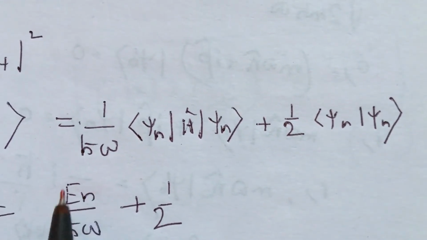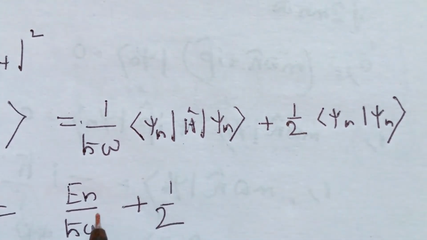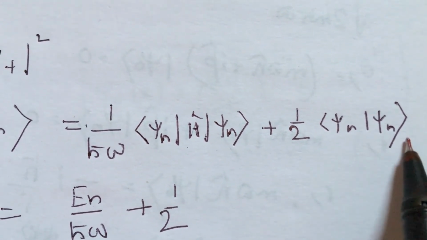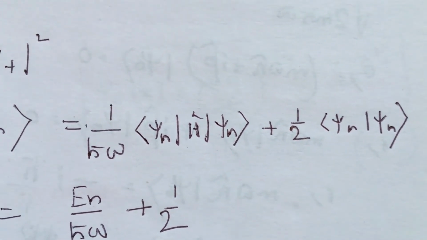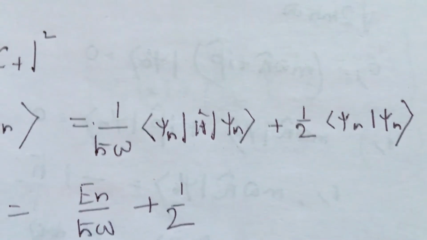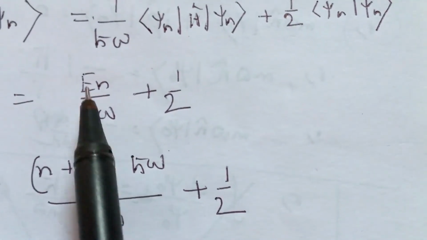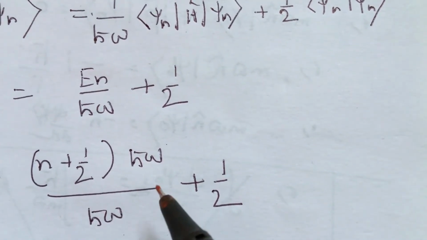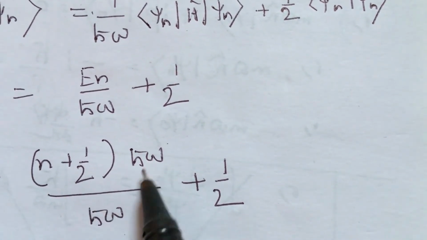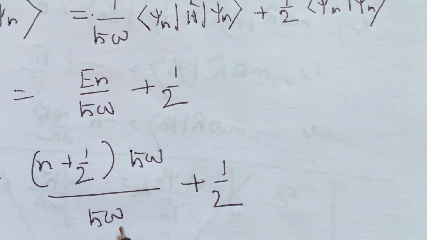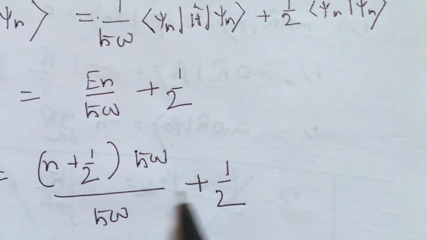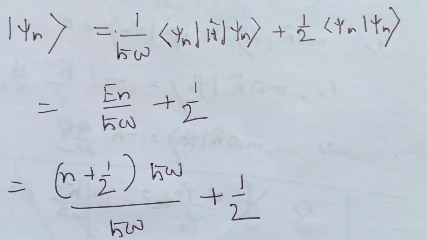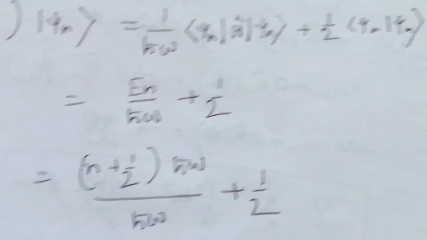So I get En by h cross omega from the first term. From the second term, this is 1, and I will get half from the second term. And En equals n plus half h cross omega. So the first term is n plus half h cross omega by h cross omega. I get n plus half, which is equal to n plus 1 on the right hand side.